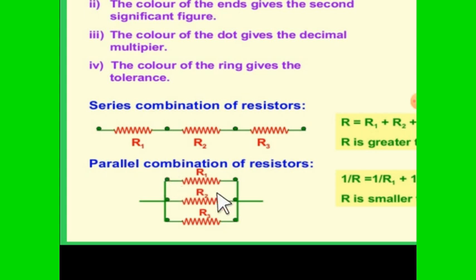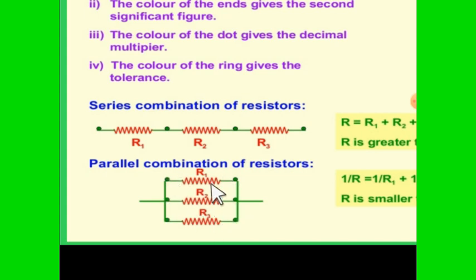So in this case, the same potential difference will be across the different resistors. This is the first special or peculiar property. Even though R1, R2, R3 have their own different resistance values, the same potential difference will be there across these different resistors.